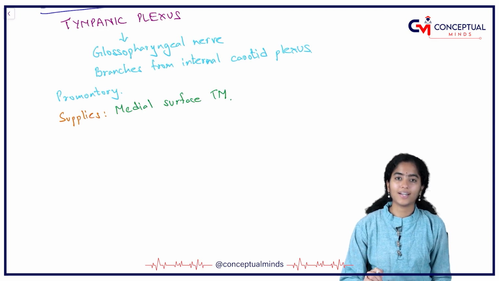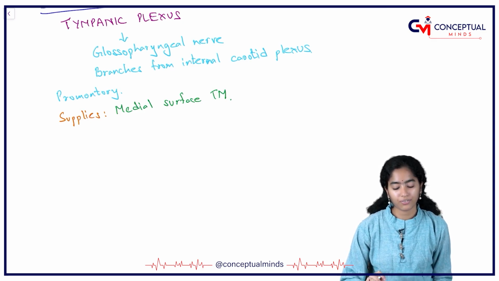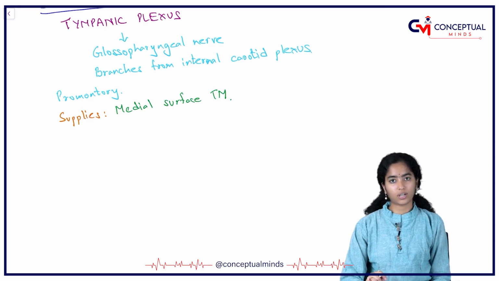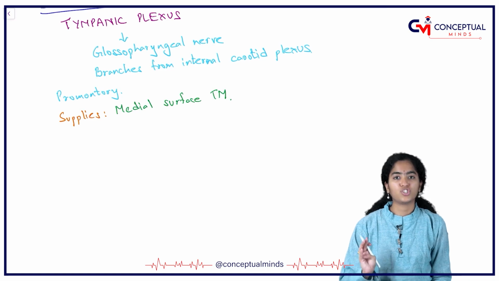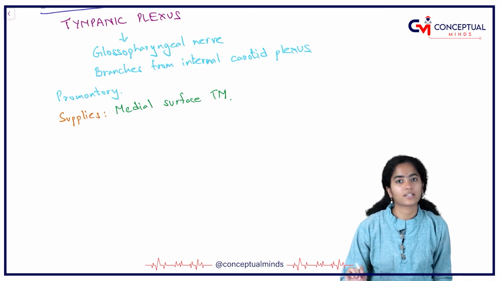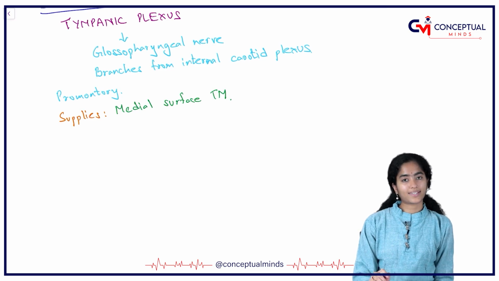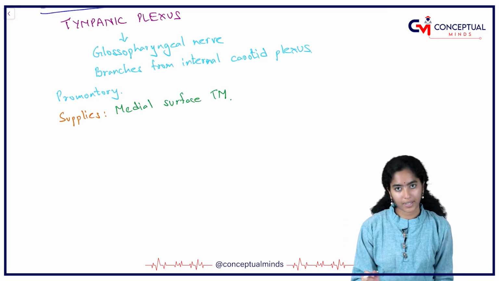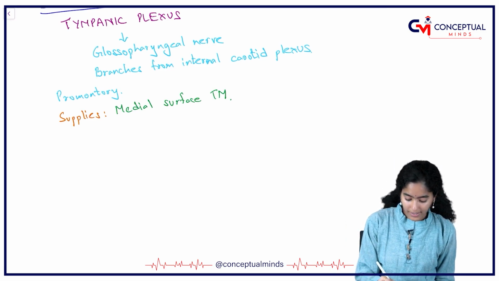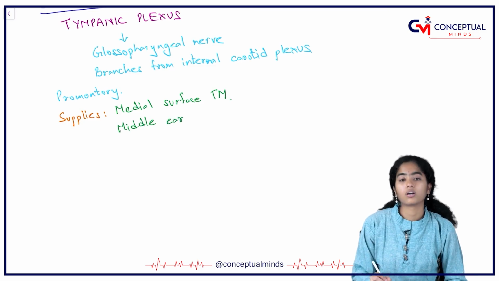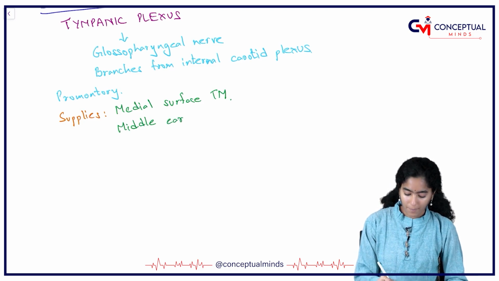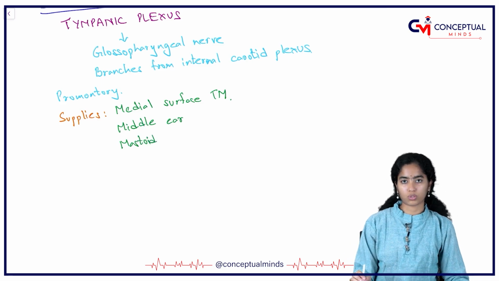The branch of vagus nerve is called Arnold's nerve, and this branch from glossopharyngeal nerve, its special name was Jacobson's nerve. And how did we remember it? J sound, Jacobson's nerve. Okay. So it is supplying the medial surface of tympanic membrane. It is supplying the entire middle ear, the cavity of middle ear, and also mastoid antrum part also.